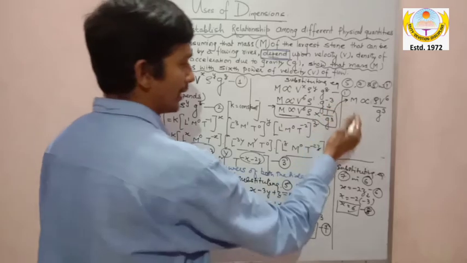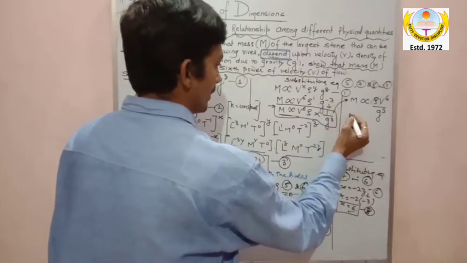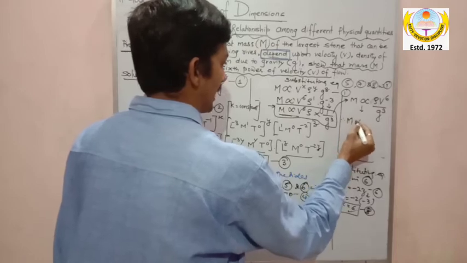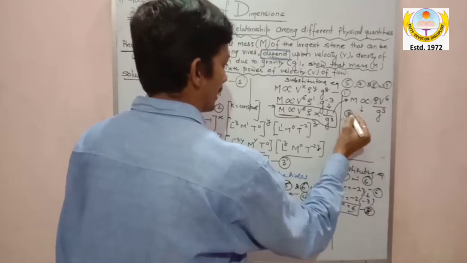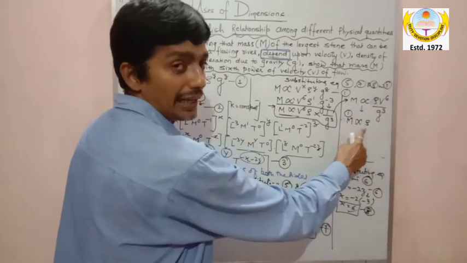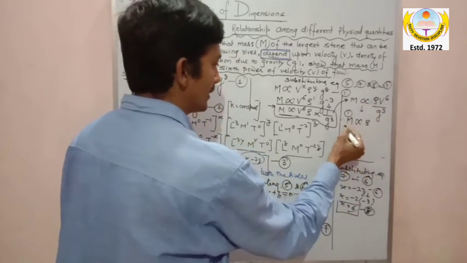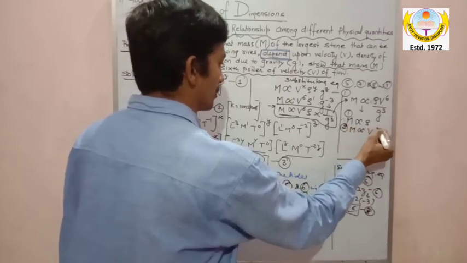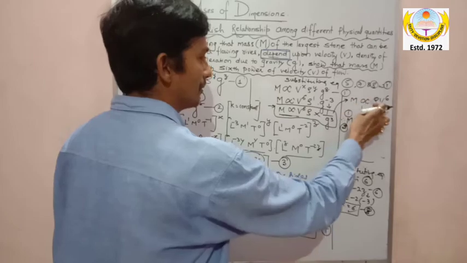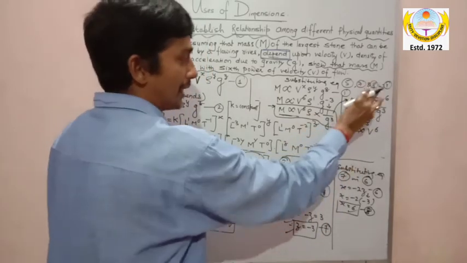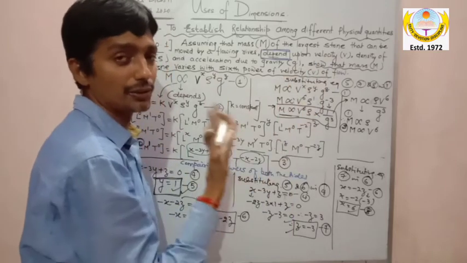And now my dear, here you can say, therefore m is directly proportional to, number 1, what is our conclusion? Mass of a stone is directly proportional to density. Second, mass of a stone is directly proportional to the 6th power of velocity. See, now I am putting the conclusion one after the other after developing the relation. Look at the question, so nice.